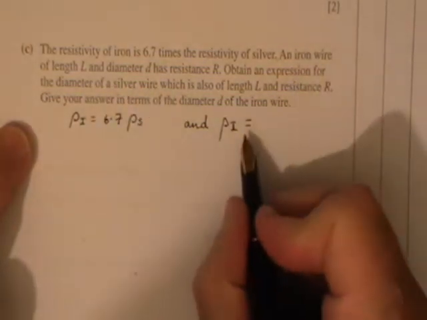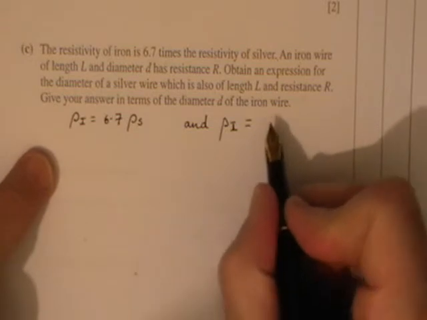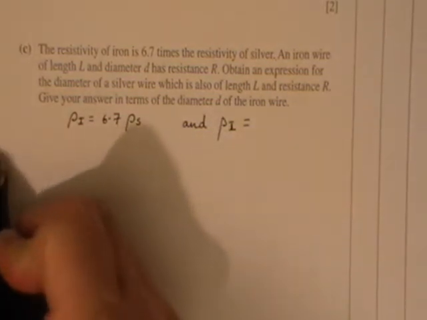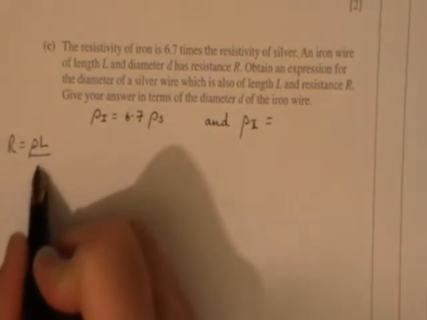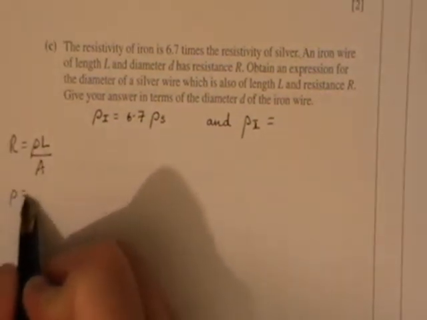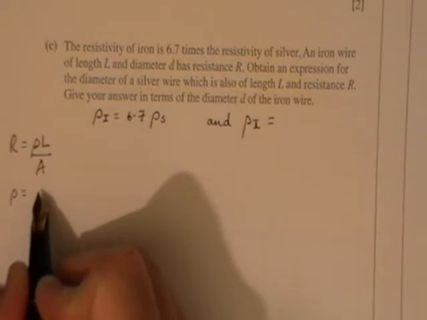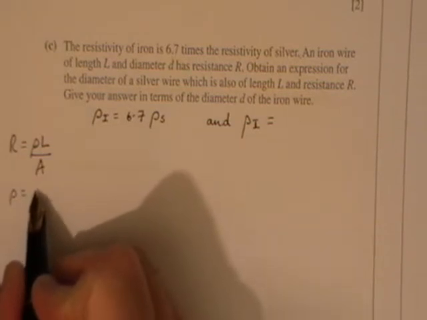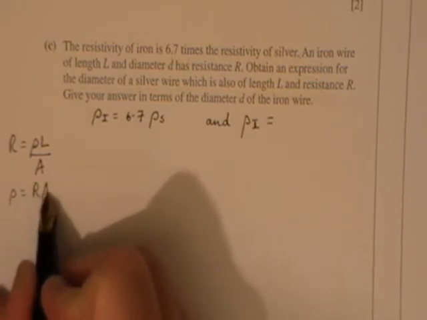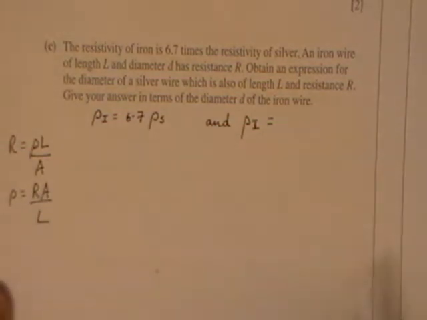So if R equals rho L over A, then rho is equal to R times A over L. You need to think about that.